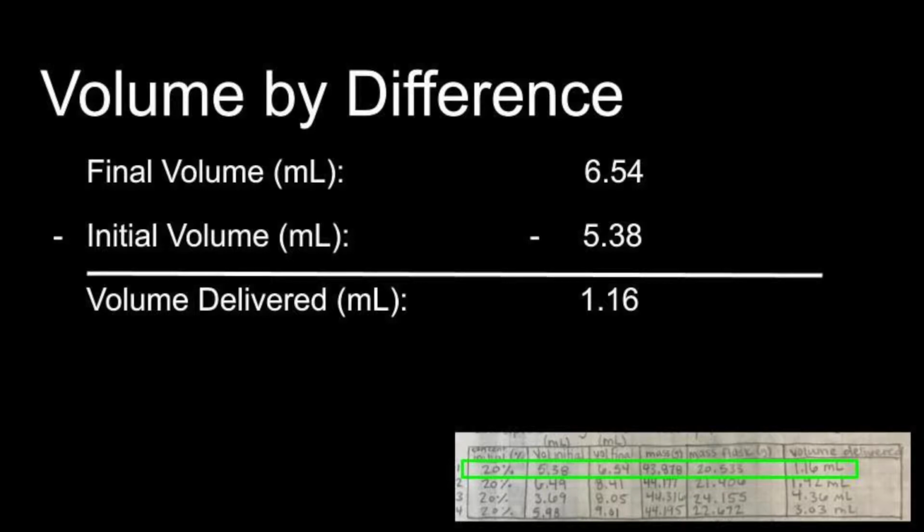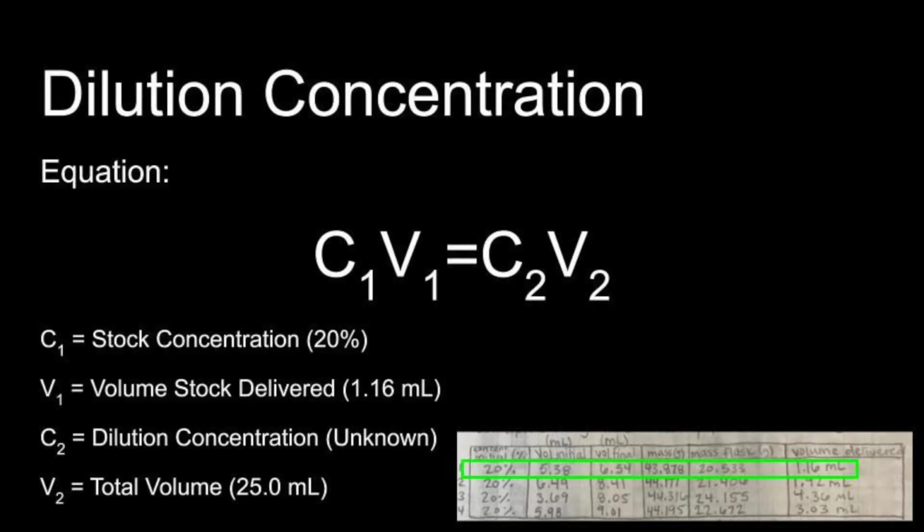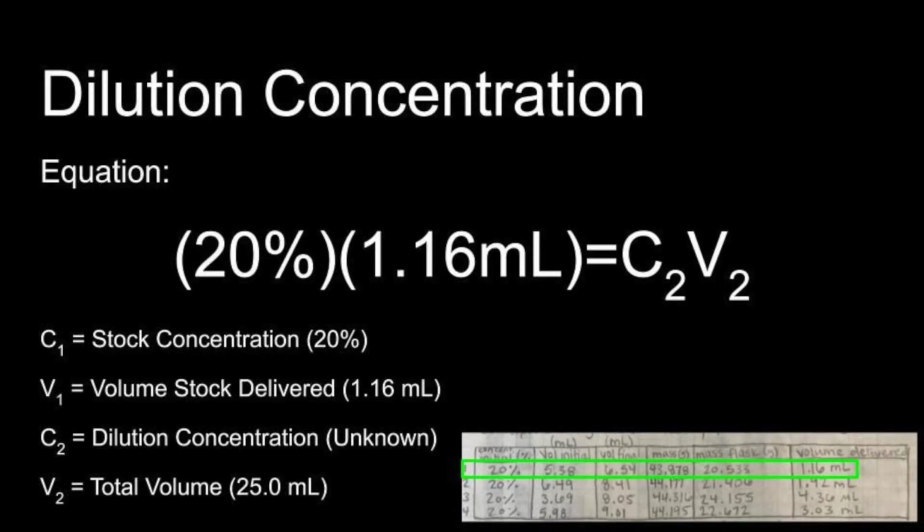Now we can complete our dilution calculation. Using the following equation, C1V1 equals C2V2, where C1 is equal to the initial concentration, and V1 is the total volume dispensed of the stock solution. Since we know the stock concentration is 20% and the volume of stock delivered is 1.16 milliliters, we can substitute those values in for C1 and V1.